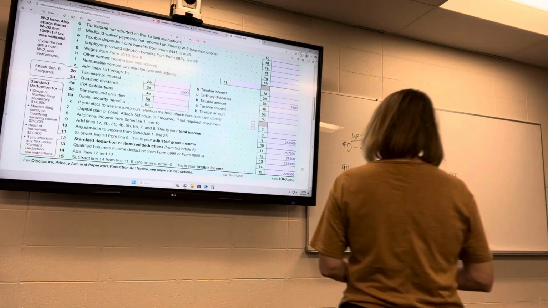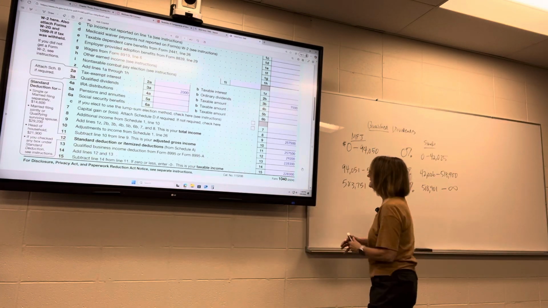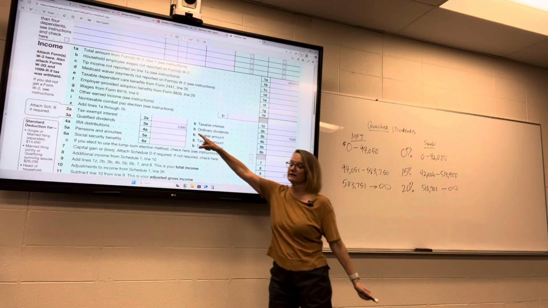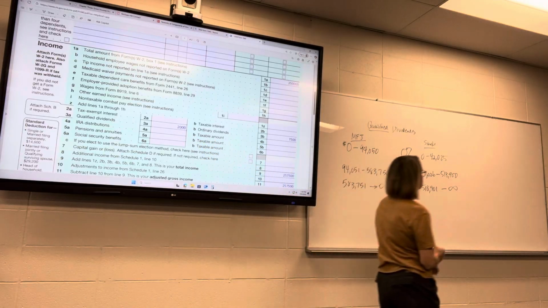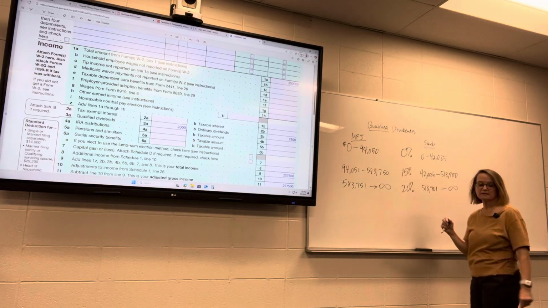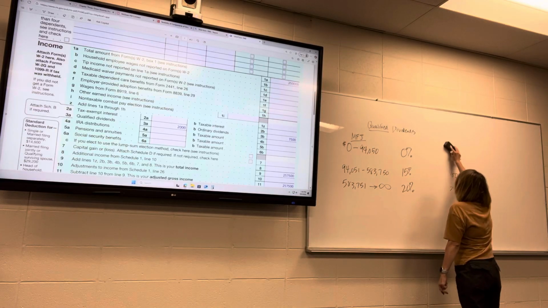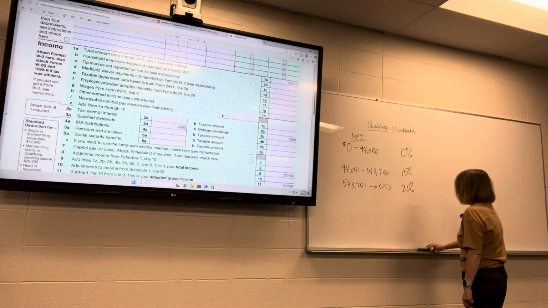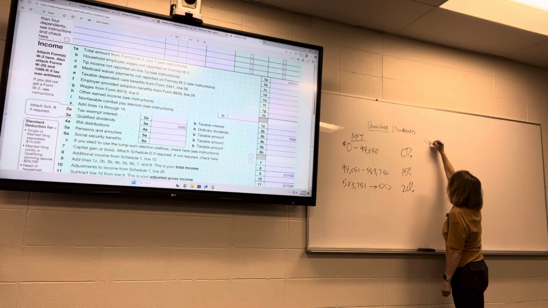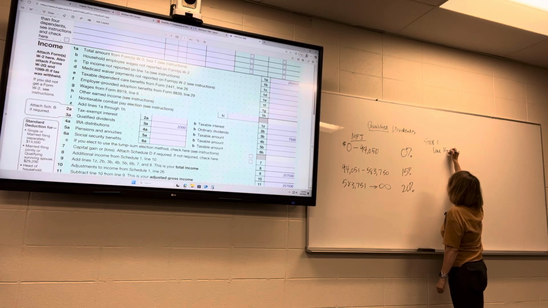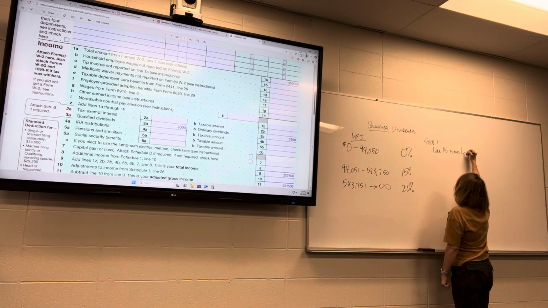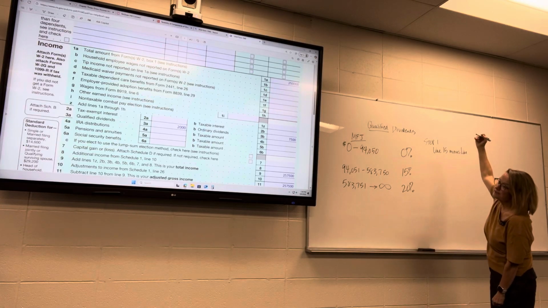First thing we're going to do is take line 15 and subtract line 3A. Let me see if I can do this in steps that make sense. I'm going to erase these. So step 1: line 15 minus line 3A.